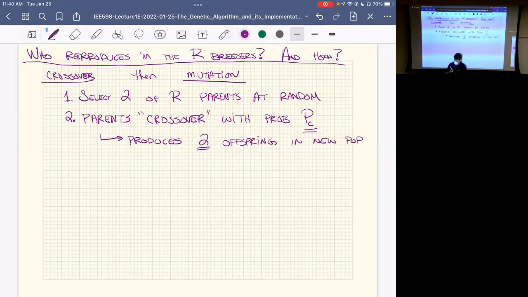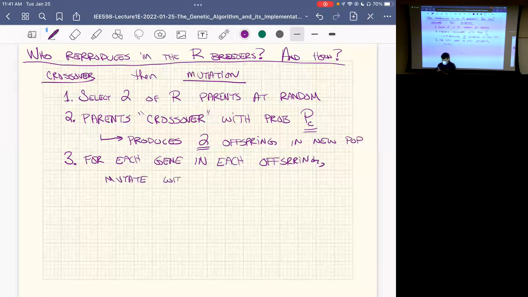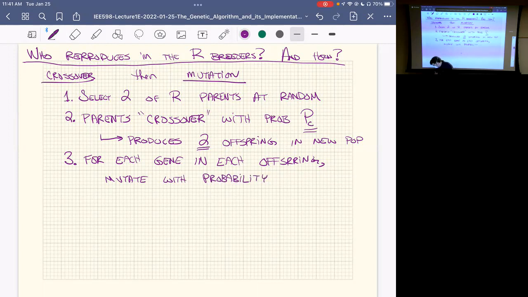Now, where does the mutation come into play? Step three, for each gene in each offspring we want to mutate with probability PM, another hyperparameter.